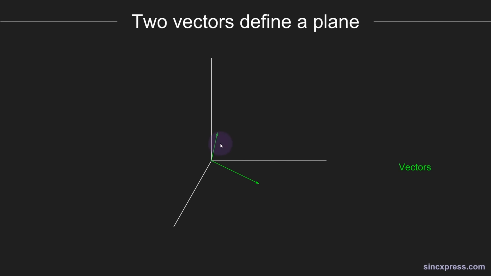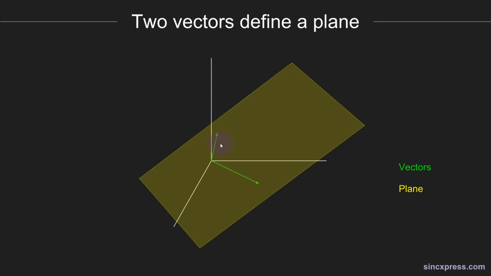So one of the really interesting things that you can do with two vectors that are not pointing in exactly the same direction, so two distinct vectors, is form a plane. Now, it's not so obvious from looking at this picture that this plane is formed by these two vectors, so that these two vectors are in this plane. But you will see this more clearly when I switch to MATLAB in a few minutes.